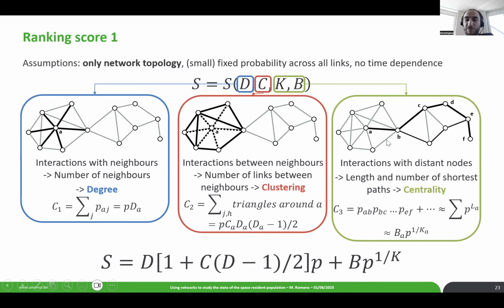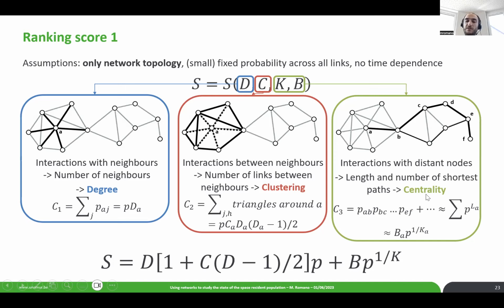Well, this is the product of probabilities over all the chains that connect to A, so it is related to the length of these chains, to the length of the paths that go from A to other nodes, which means they can be related to the centrality measures that I showed before, to the closeness, for example. And so we have a way to compute the average path length from A.